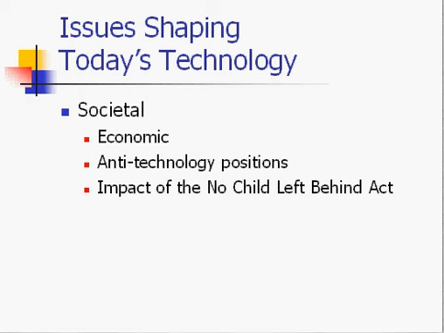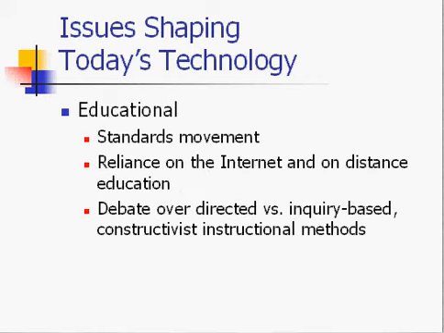There's also the anti-technology positions, and they give you in that chart some good articles that you might want to read, some URLs, and some that you would also have to locate in the library. And then, of course, the No Child Left Behind Act is also a societal trend that is influencing technology.